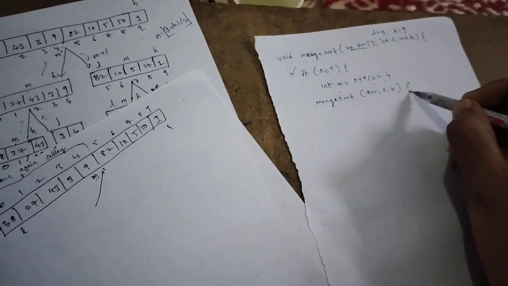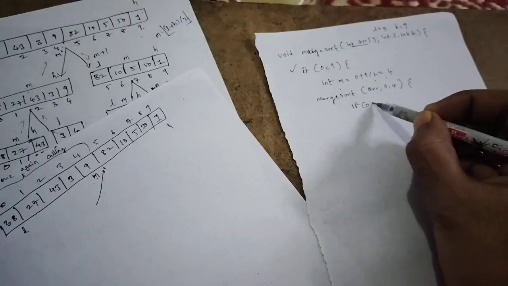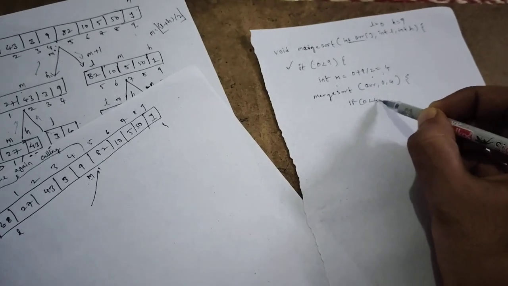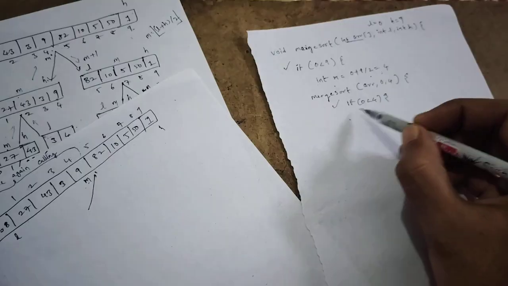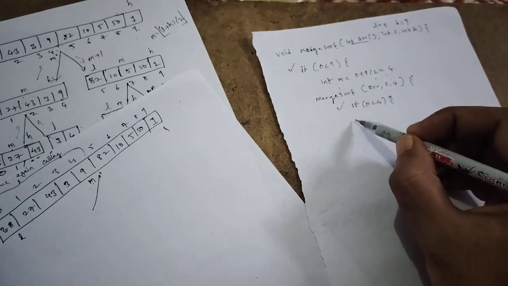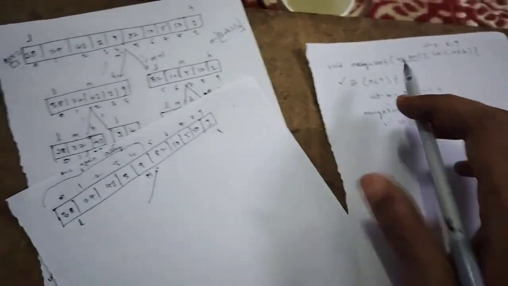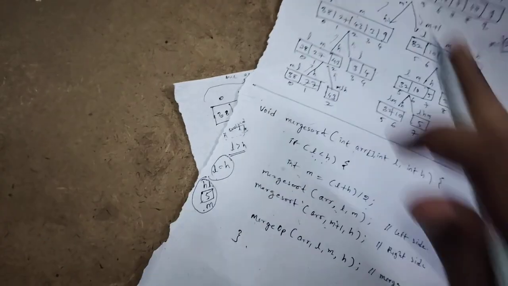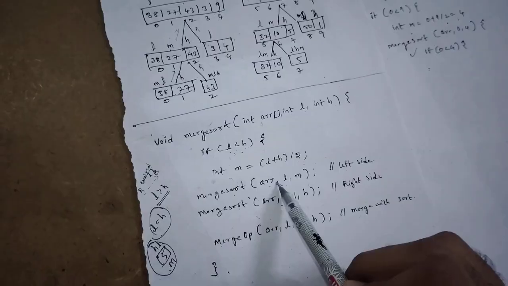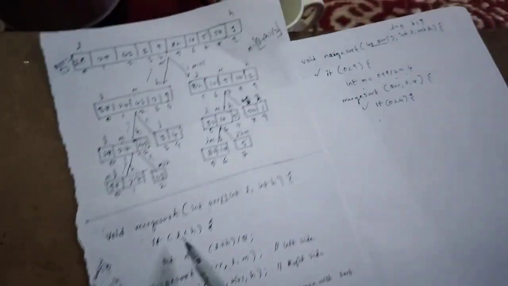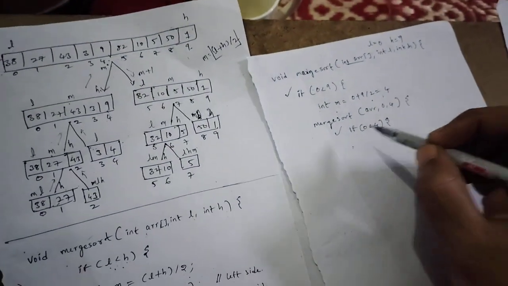When we call this, it checks if 0 is less than 4, then yes, it will execute. It executes because it is recursive. When you look at the program, it calls itself again and again.